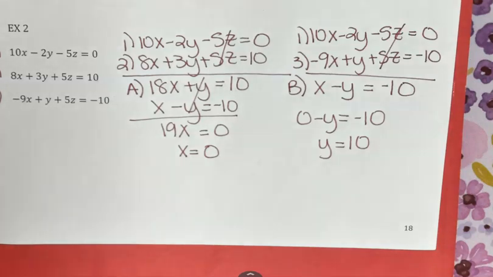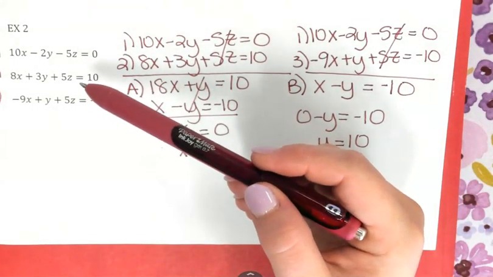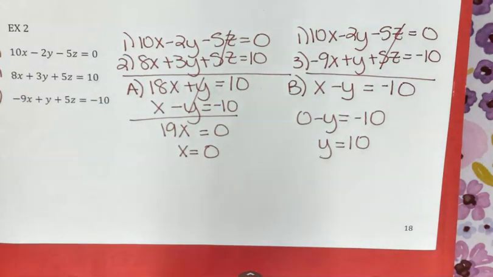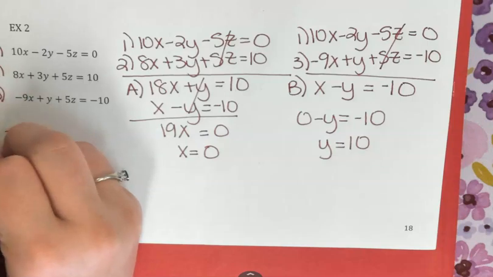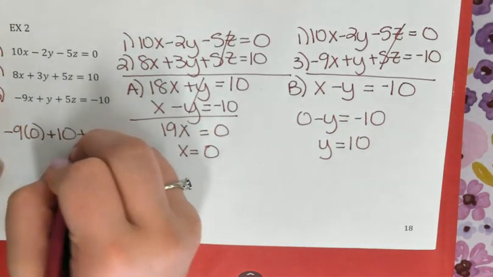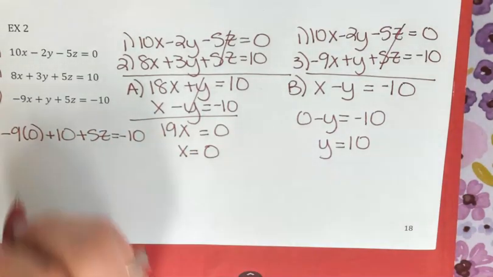And then I need to find z. Again, you can plug it into any of your first 3 equations that you started with. I'm going to go with the bottom one because I only have to do multiplication twice there. So that's going to be negative 9 times 0 plus 10 plus 5z equals negative 10.